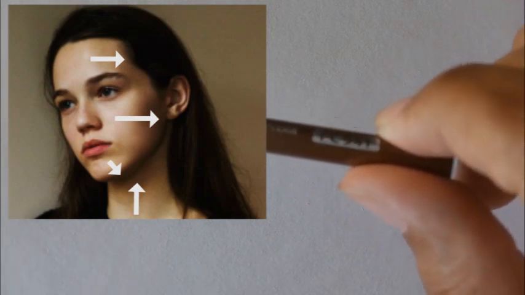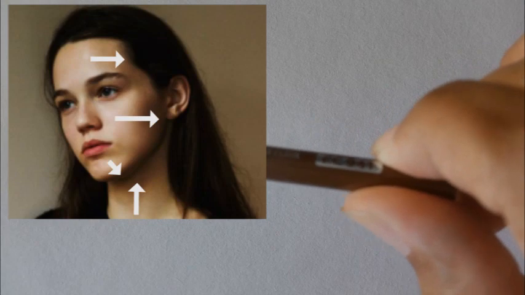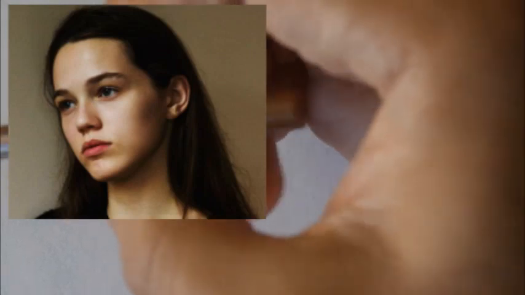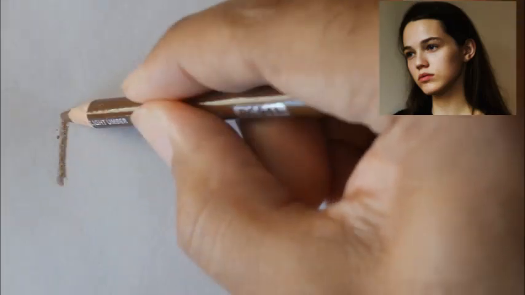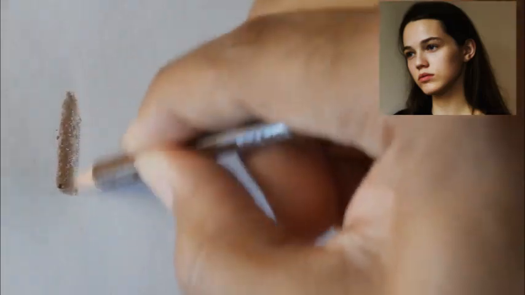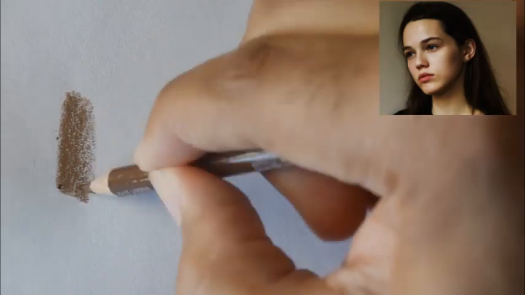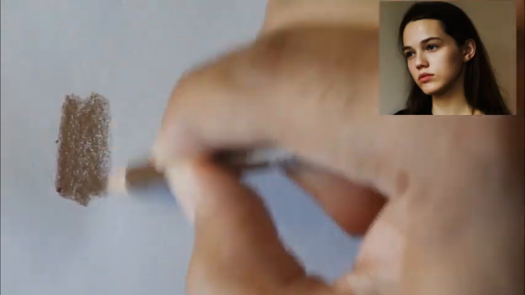In this case I'm going to pick these shadows that are not too dark. These shadows are not really dark, so I'm going to use light umber. It's not too dark, it's not like dark brown. I'm going to start here with light umber, but I'm going to make it a little bit darker.